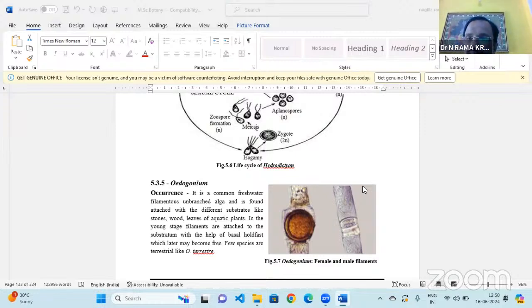And next one, asexual reproduction system by the zoospores in Ulva. In Ulva, what type of asexual reproduction system is there? Zoospores.